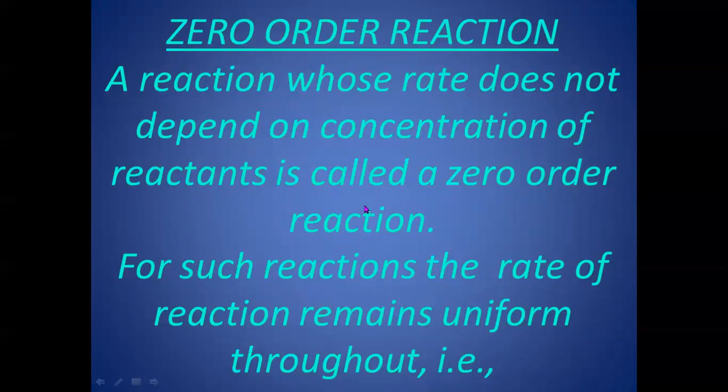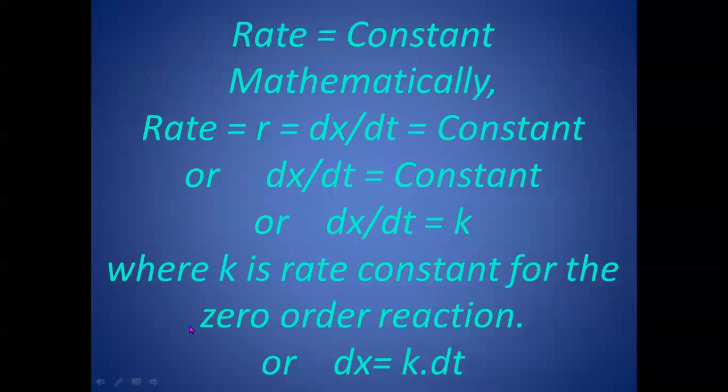A zero order reaction is one in which the rate of reaction is independent of the concentration of the reactant. For such reactions, the rate of reaction remains uniform throughout the reaction. There will be no change.